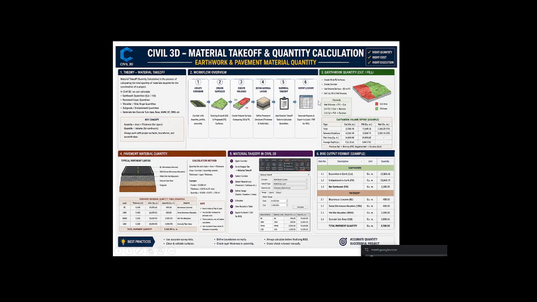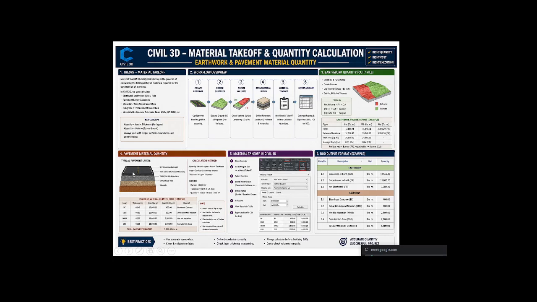Whenever the design is below the existing surface, at that time it is calculated as a cut. But whenever it is above, it is calculated as a fill. So based on these values, the software gives us the net earthwork quantity automatically. In our previous lecture, I think in our third or fourth lecture, we saw how to calculate and how to show the volume dashboard for this earthwork material quantity.